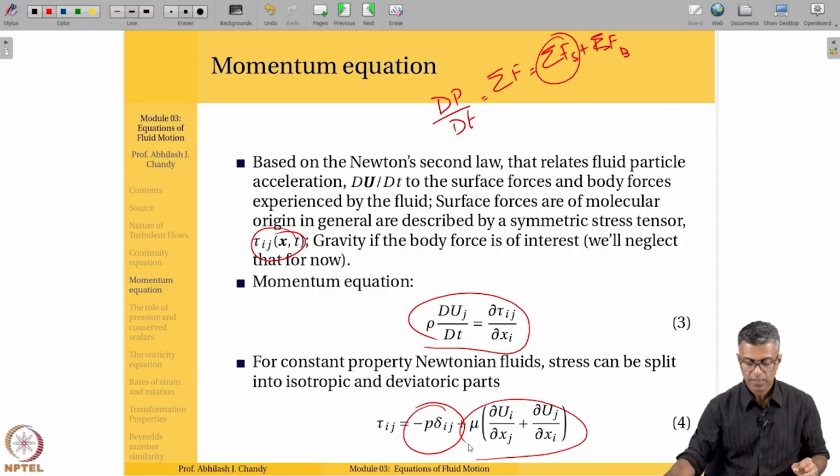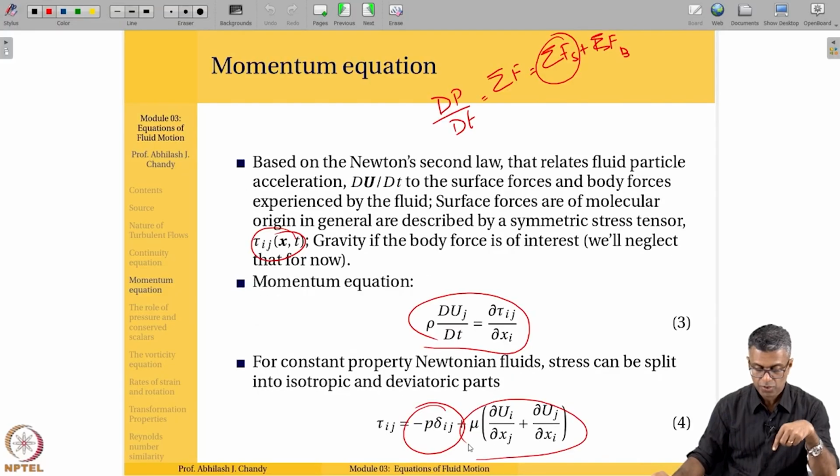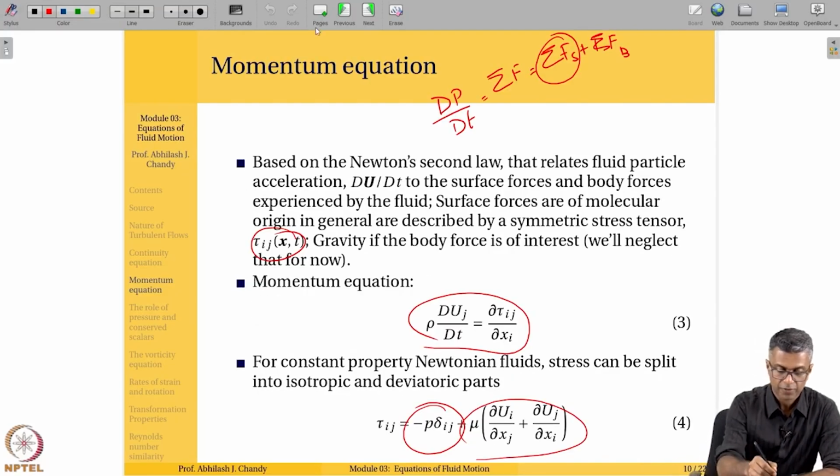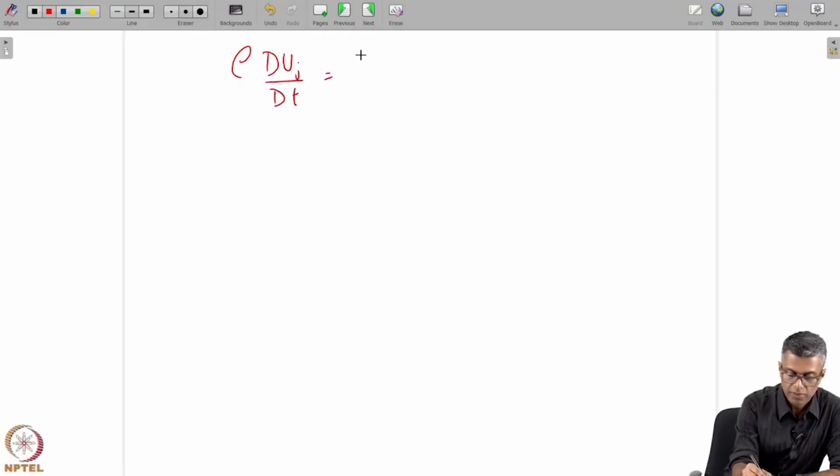What you get is rho du_j dt. So I'm going to show that to you. I have rho du_j dt equals del x_i of tau_ij, isn't it?